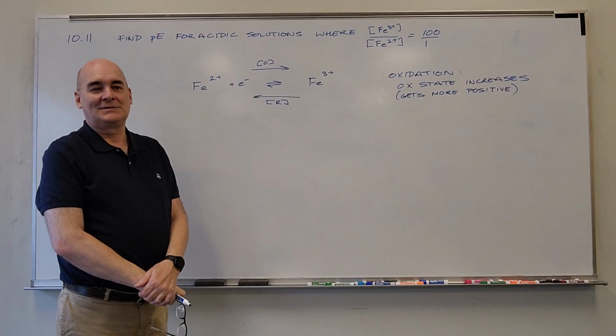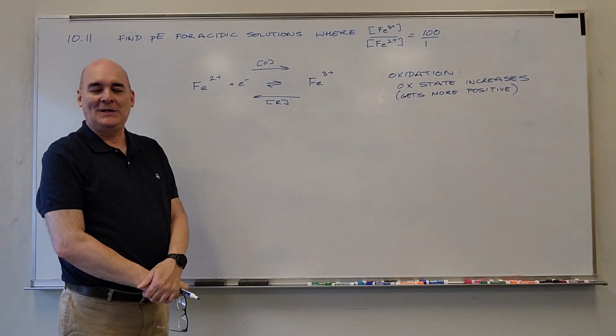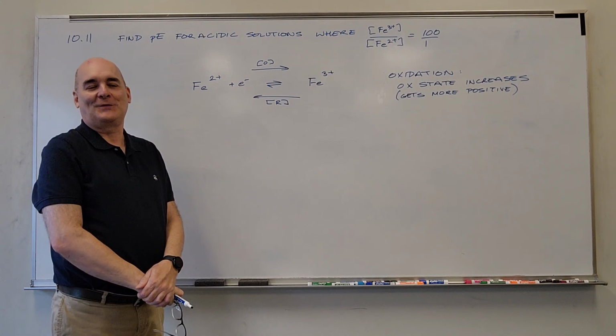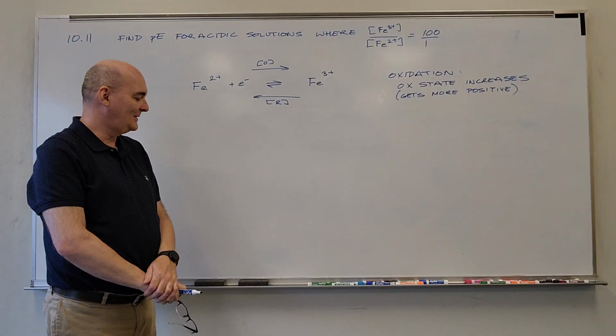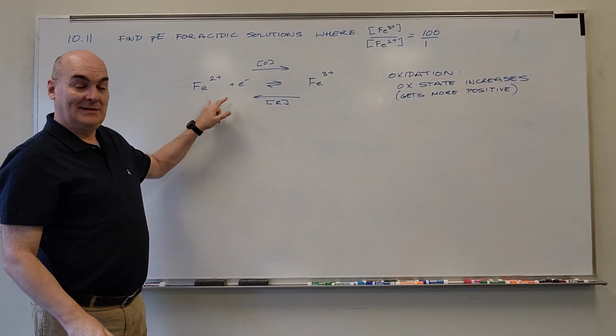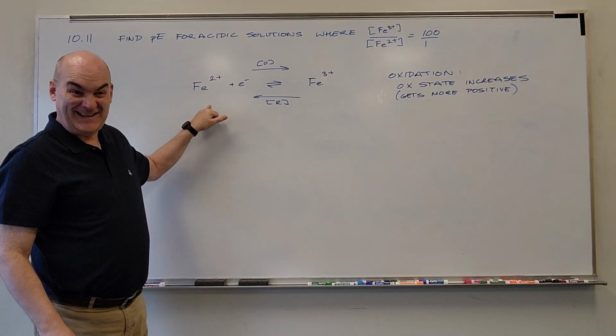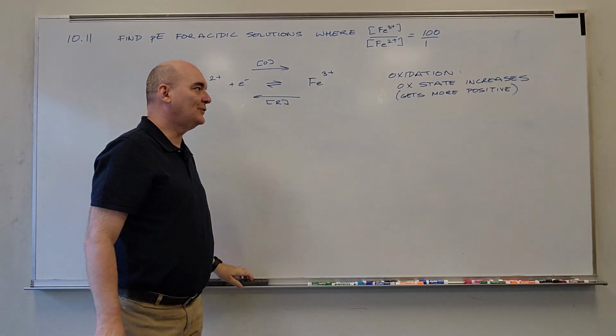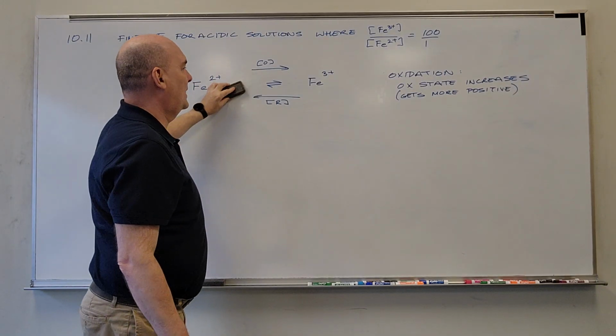Because it's just fundamental stuff, and it's stuff that we know. So, on the right side, as written, this says, take this and add an electron to it to get this. And that's not true. Oxidation is the loss of electrons.